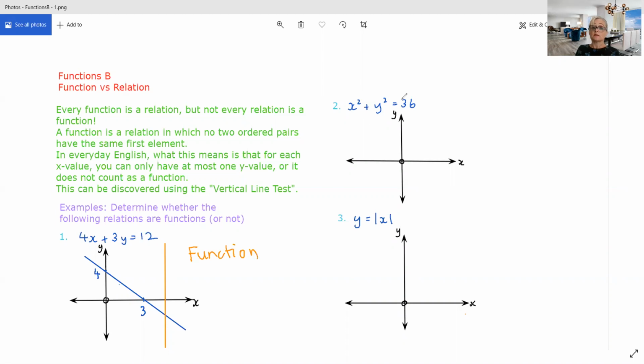Let's have a look at this. We did a circle in our previous video. This is a circle with center at the origin and a radius of 6. So let's draw that circle. Just move it into place. Something like that.